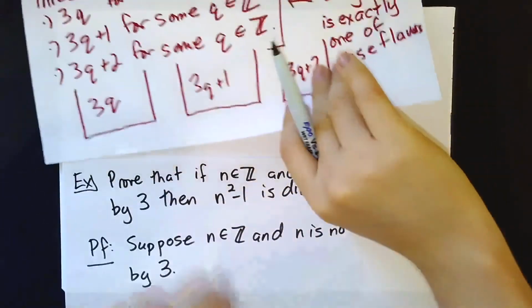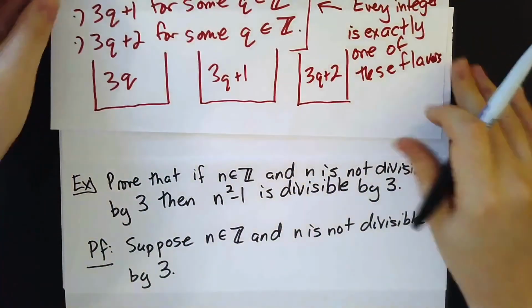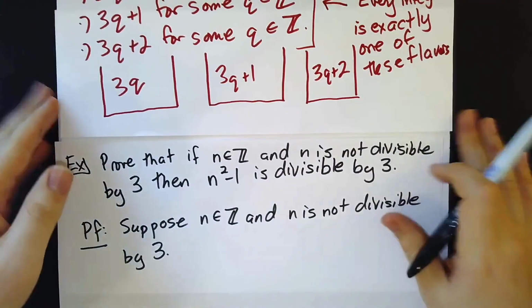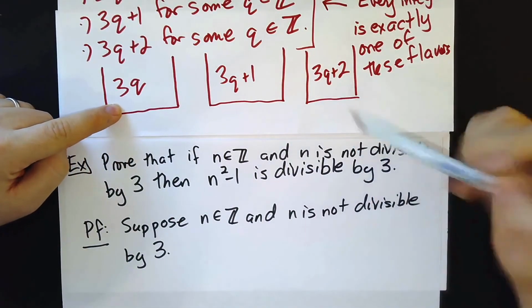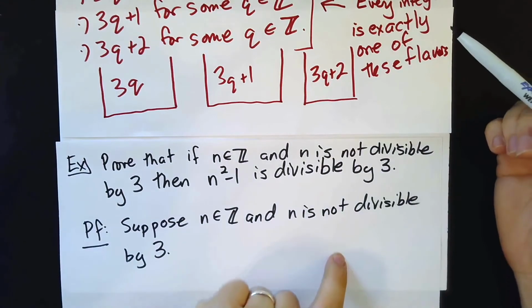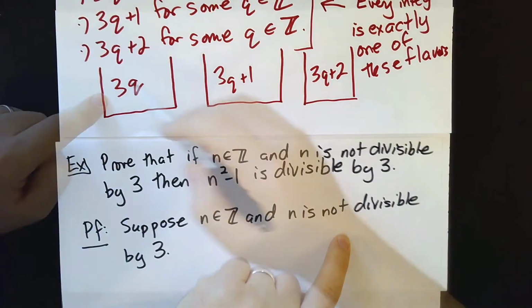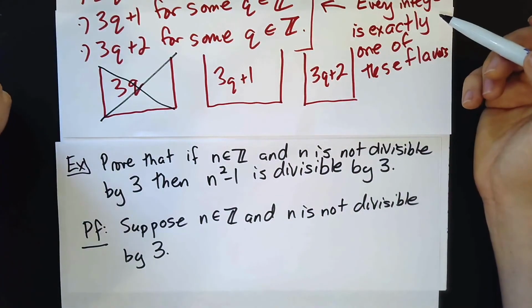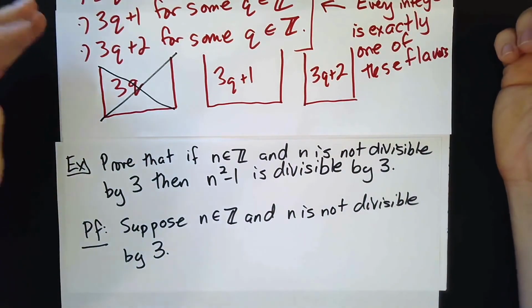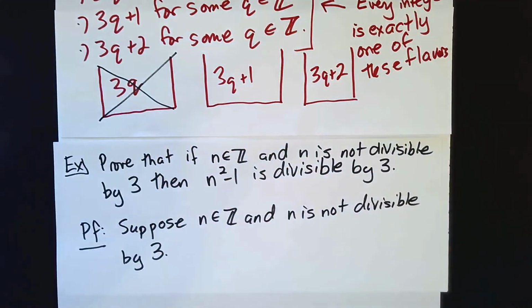But by the division algorithm, n has to belong to one of these 3 buckets. However, if n is not divisible by 3, then that's exactly saying that n is not in this bucket. So what bucket is it then? Well, it's in one of these 2 buckets.